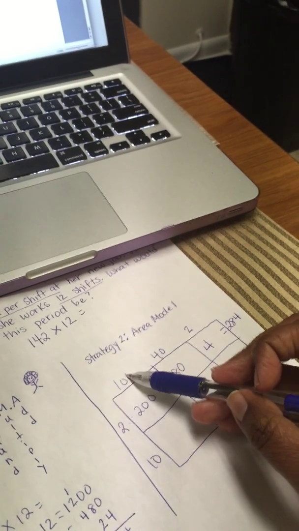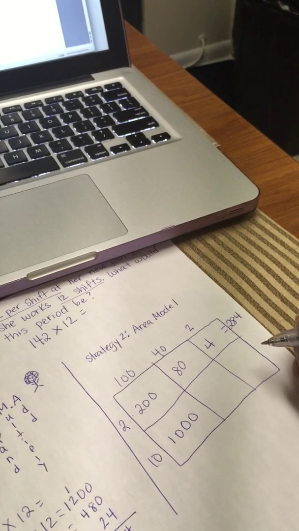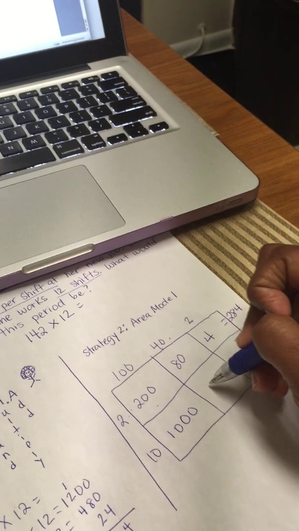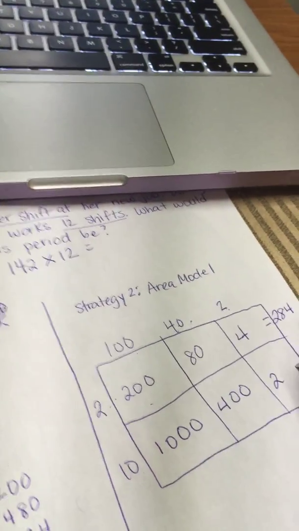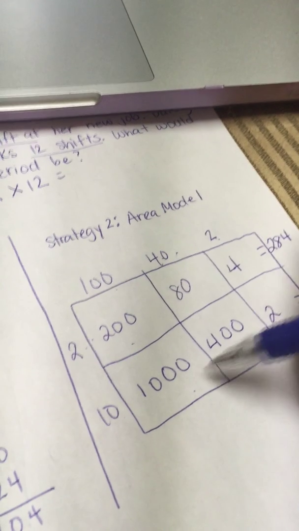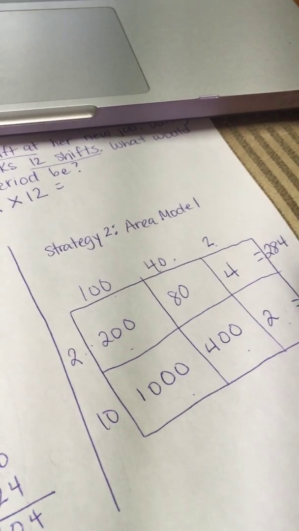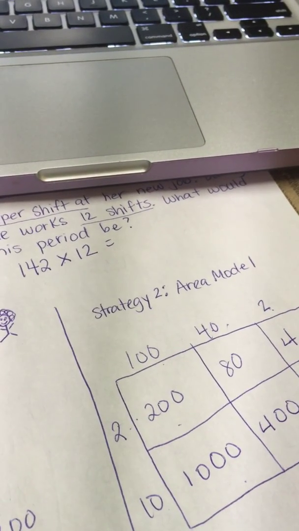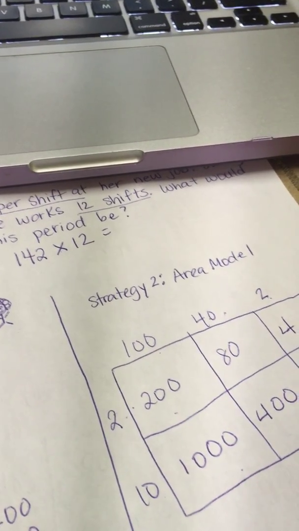Now down here, 100 times 10 is 1,000. 40 times 10 is 400. And 2 times 10 is 2. So then I got 1,402. Okay, so it's kind of tight in the corner there, so I'm going to bring those partial products down. Excuse my dog, someone's knocking.